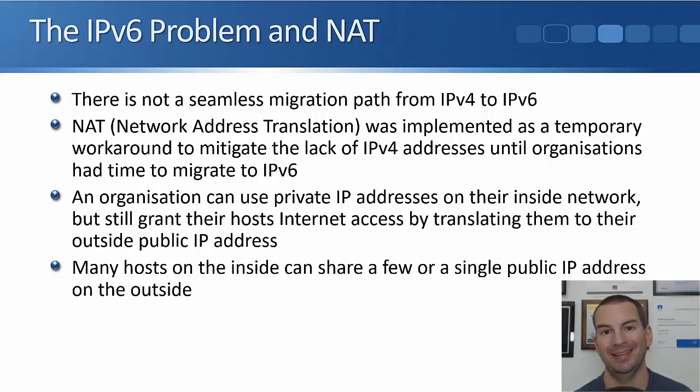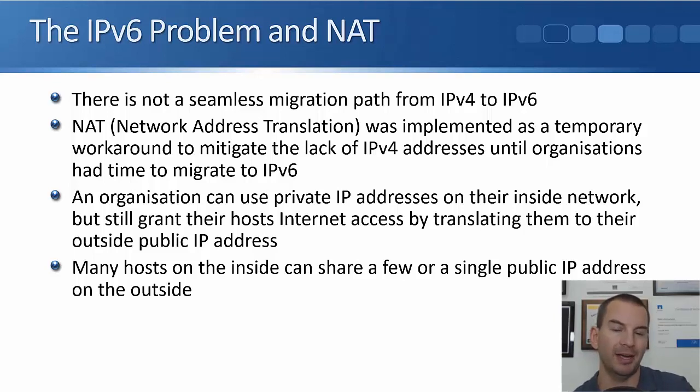Because of that, NAT, Network Address Translation, was implemented as a temporary stopgap before everybody could convert to IPv6. The way it works is an organization can use those RFC 1918 private IP addresses on their inside network, which are not publicly routable, so they don't work on the public internet. But on the way out, they can convert them to a public IP address on the outside.